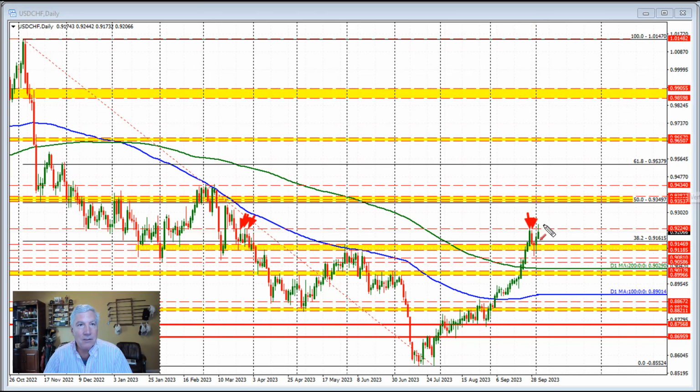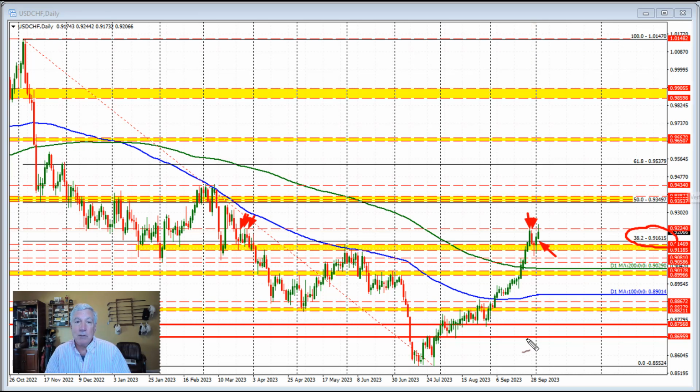So getting above that 0.9224 level should have sent the price higher. We are back below that level, and so watch 0.9224 on the top side for resistance. If it stays below that level, maybe the sellers start to come in. We would need a move below the 38.2% retracement at 0.91615 to give the sellers more confidence on the downside.